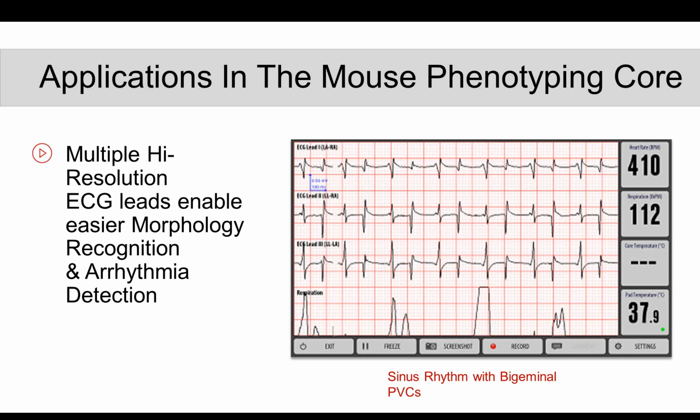But this just goes to show you that the Mouse Monitor S is providing a quite high-resolution means of ECG detection, and it enables easy morphology recognition and arrhythmia detection. And we do this on a daily basis. It's quite easy to use. Generally, you keep an animal down for 8 to 10 minutes, and you can get the data that you need.